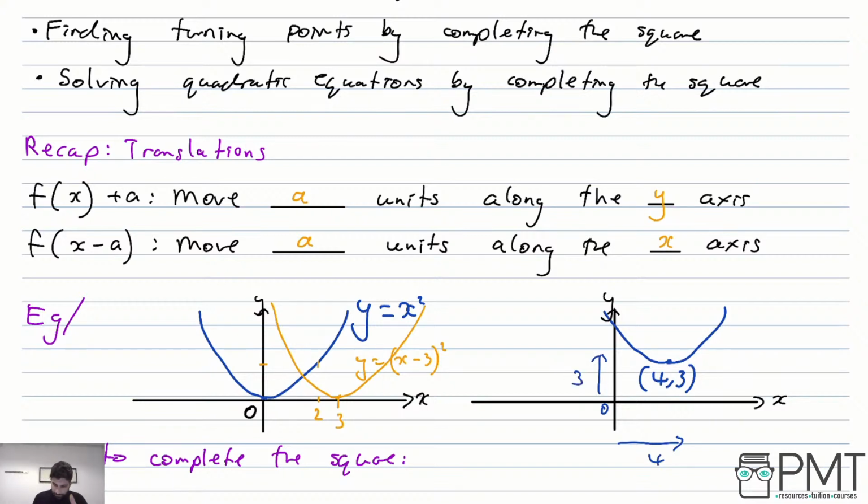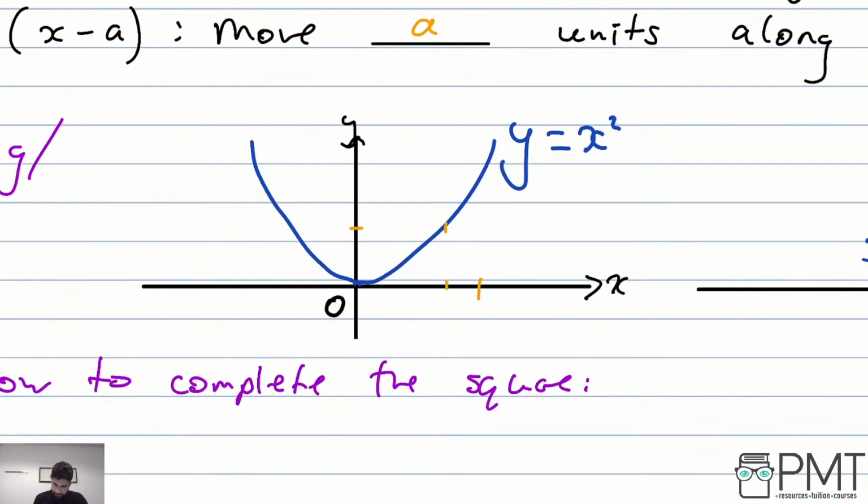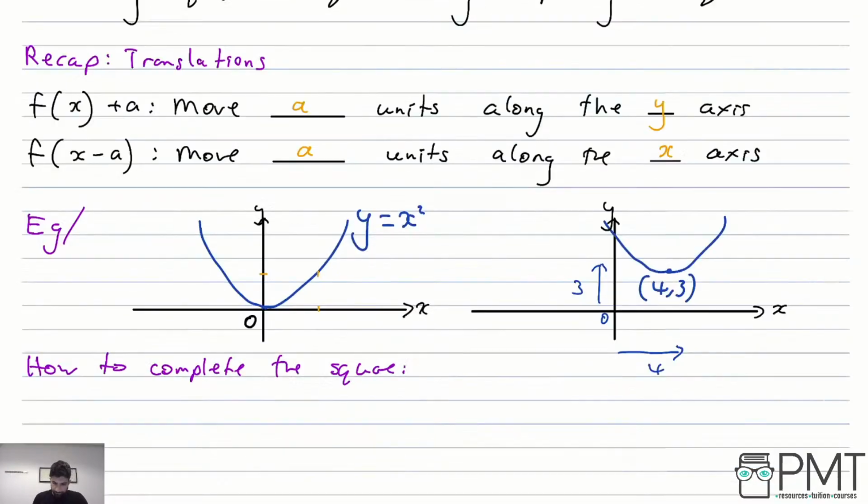Let me know if you can find out the equation of that one while I take these away. Right, so we said that we have got 4 units to the right, 3 units up. So this should be y equals x minus 4 all squared plus 3.